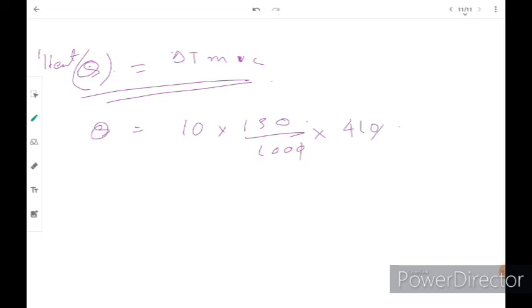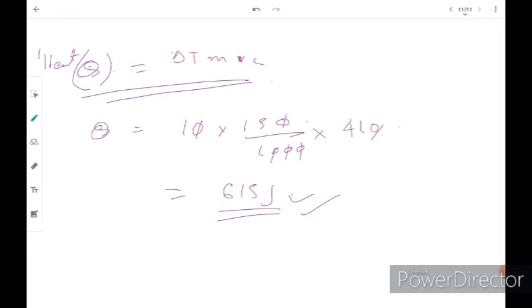So we can cancel here and get 615 joule. So to raise the temperature we need 615 joule. This is the answer.